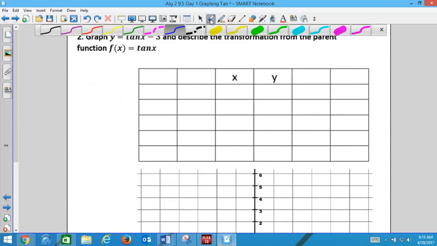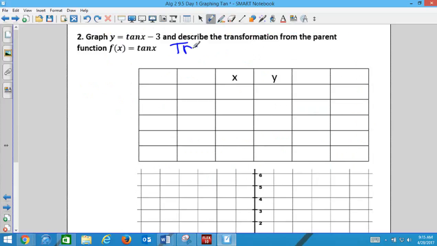Last one is a translate what? Translate where? 3 units down. That's affecting the y, minus 3.